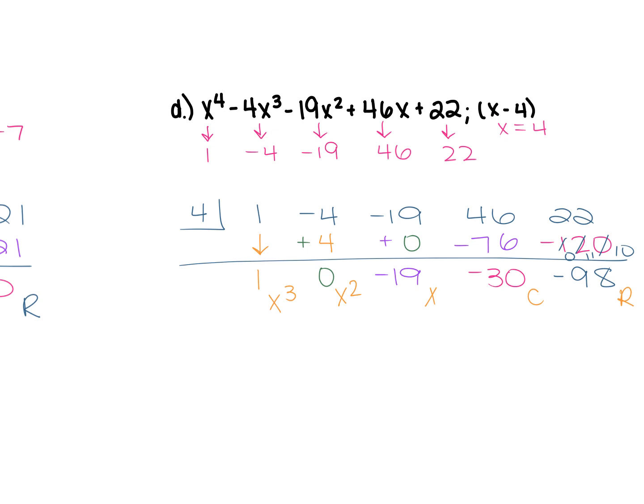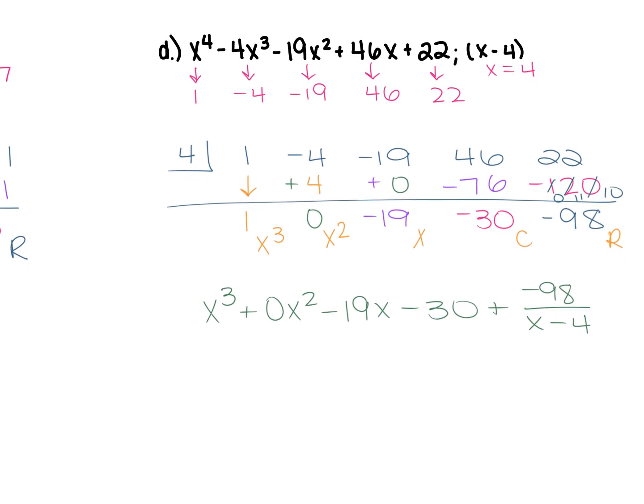So your answer for this, you're going to have x cubed plus 0x squared minus 19x minus 30 plus negative 98 over what you divided by. You divided by x minus 4, not just the 4, x minus 4.